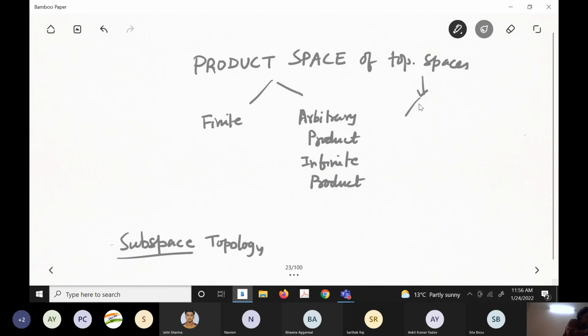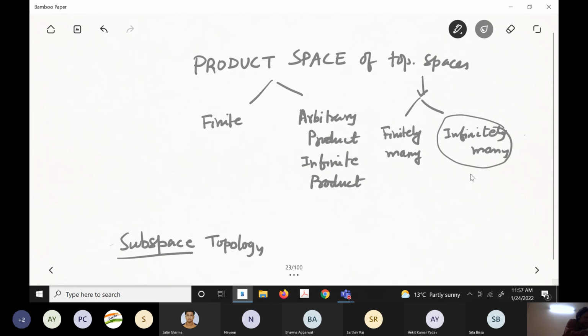That means you have two cases: finitely many, and infinitely many. That infinite may be uncountable. The finite product means the product of finitely many topological spaces. The arbitrary product means any family, finite or infinite, so particularly infinitely many, even uncountably many.